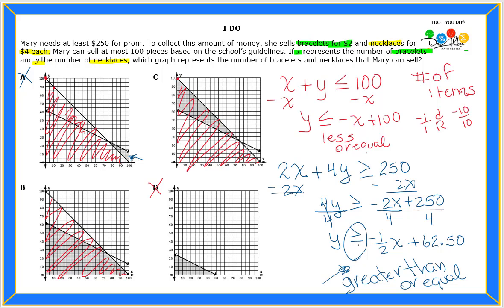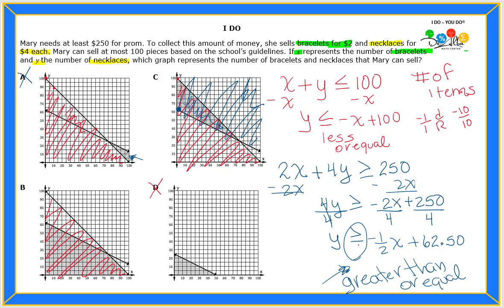Okay, so I'm going to go ahead and shade, and the line that I'm looking at is the one that is at 62.5, right? So right there, this is my 62.5. So I want to find all the numbers that are greater, which means all the ones up here, right? So notice how that section in the middle has blue and red, which is this one right here. So that could be a good answer, right?